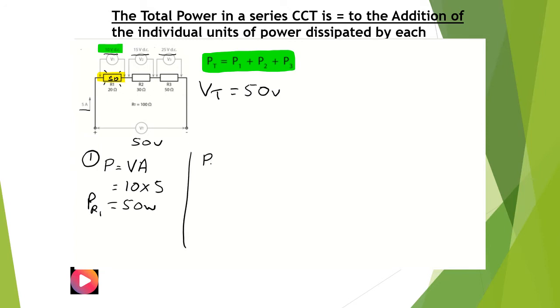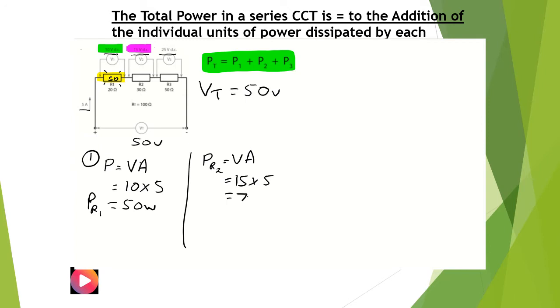What's the power in PR2? Well, the voltage across R2 is 15 and the current flowing through it is 5. What's 5 times 15? Well, 10 times 5 is 50, 5 5s are 25.